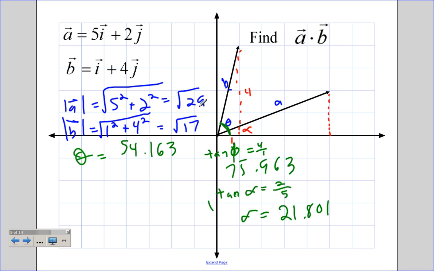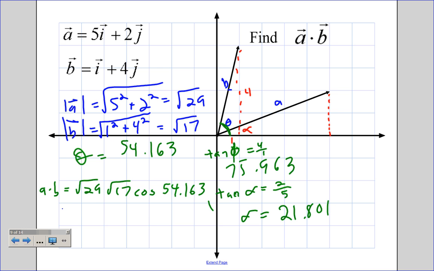Alright, so now we have the two magnitudes and the angle in between. So I can say root 29 times root 17 times the cosine of 54.163 is going to be A dot B. So if I calculate this, root 29 times root 17 times the cosine of 54.163, I get 12.997.